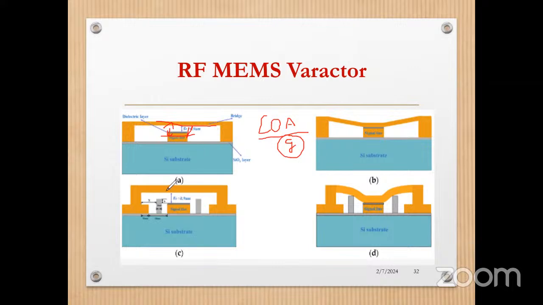And if I fabricate in this model, then the size of the component will be in micrometer scale. And this has practically been implemented, it has been fabricated, and it has shown a very good output.